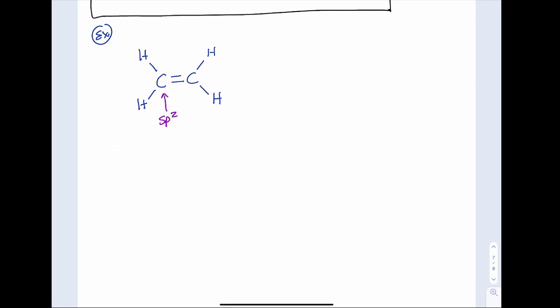So sp2, because it has 3 electron groups, and then also sp2 because it has 3 electron groups. When we form sp2 orbitals, we're taking one s and 2 p's, which is where it gets the name from. And we're going to have 3 of those. So each of those carbons has 3 sp2 orbitals.